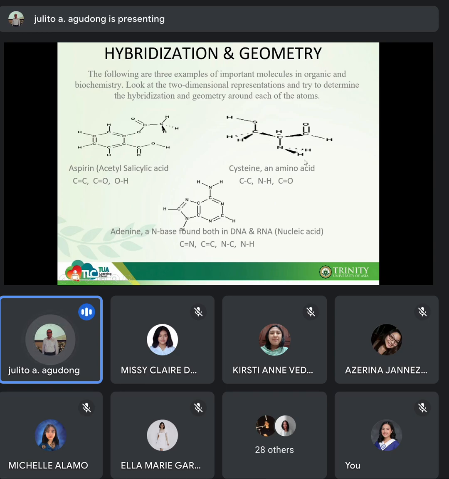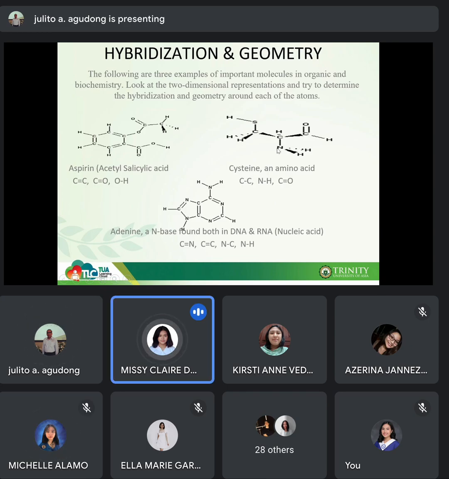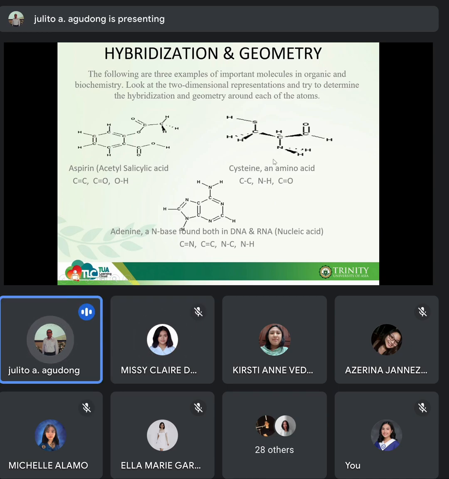What is the hybrid of nitrogen? sp3. Nitrogen has one non-bonding pair. When nitrogen is bonded to 3 atoms using single bonds, the hybrid of nitrogen, you must remember, is sp3. What would now be the shape? Tetrahedral po?